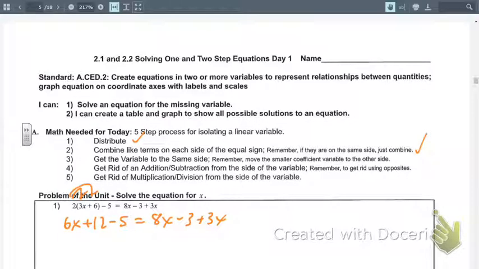So we have a positive 12 and a negative 5. We can combine those to be 7. So we have 6x plus 7 equals. Then over here we have an 8x and a positive 3x. So that's 11x minus 3.